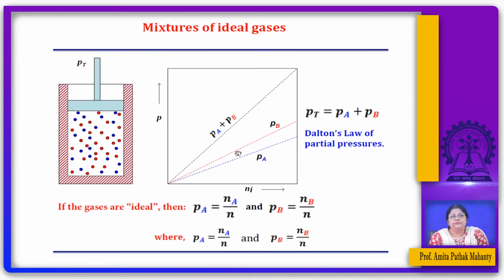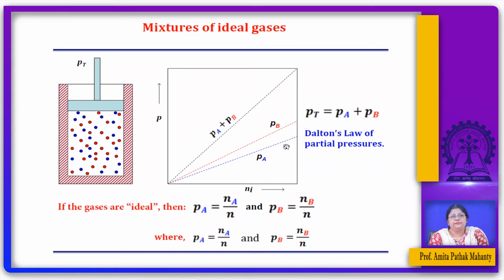If I vary the mole fraction and monitor the pressure, for A I will get a partial pressure and for B I will get a partial pressure. That partial pressure is the mole fraction times the total pressure.